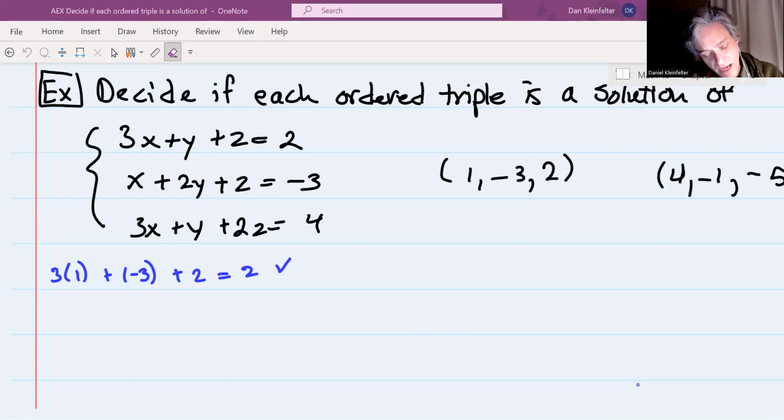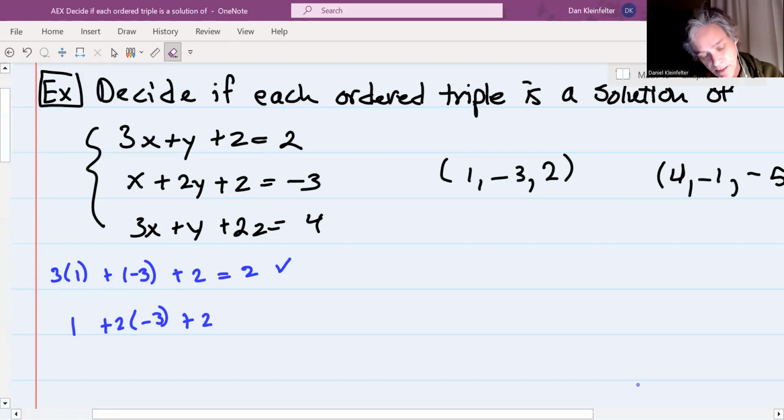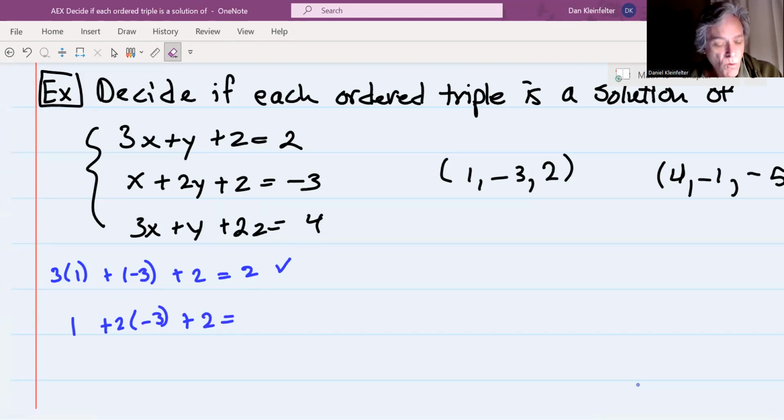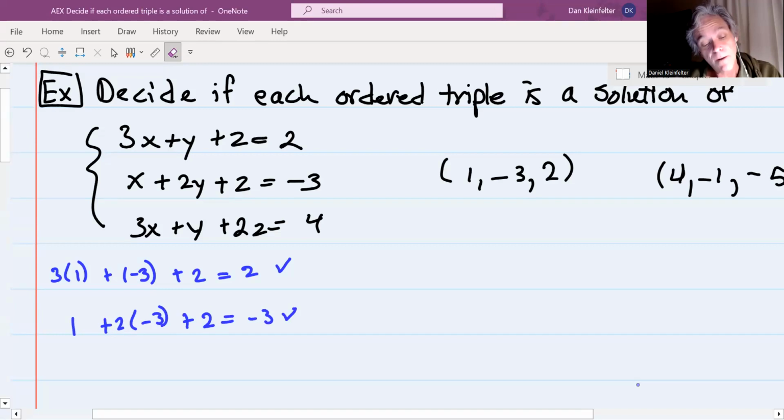We have x, which is 1, plus 2y's plus z, and that's 2. Let's see what that's equal to. So 1 plus negative 6 is negative 5. Negative 5 plus 2 is negative 3. So that worked out.